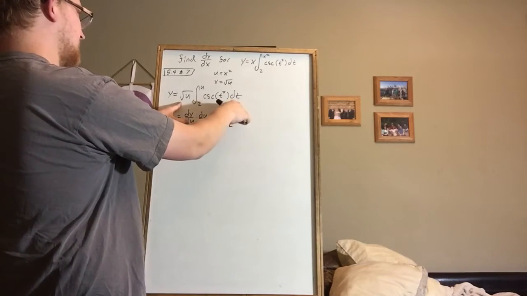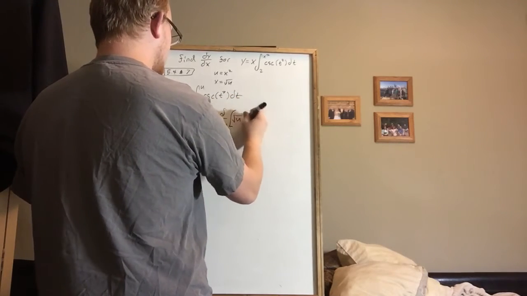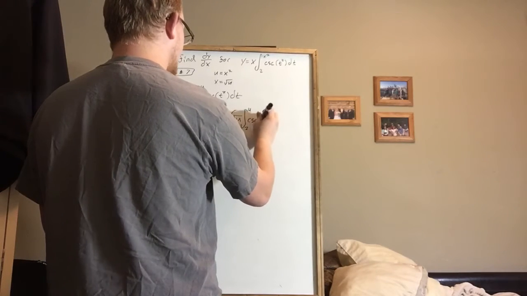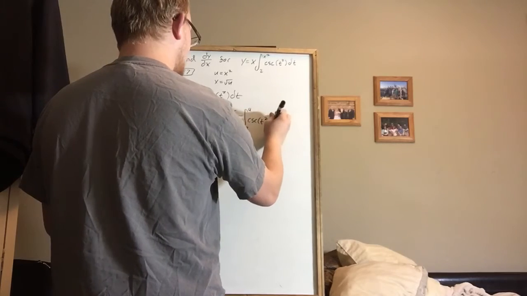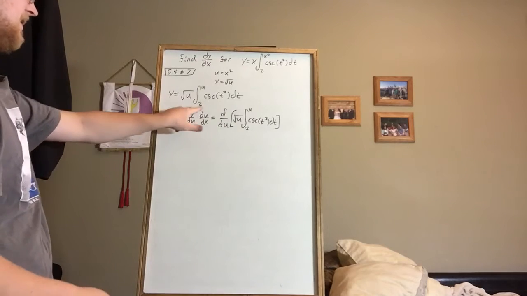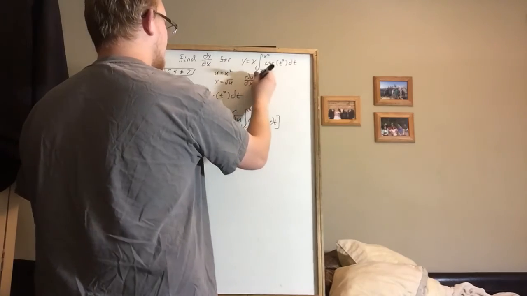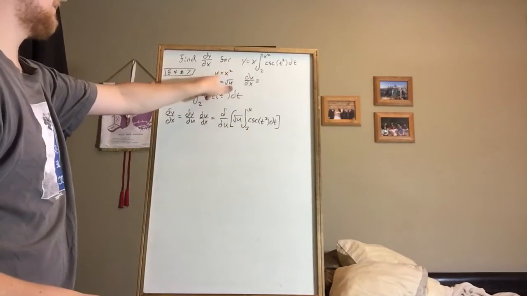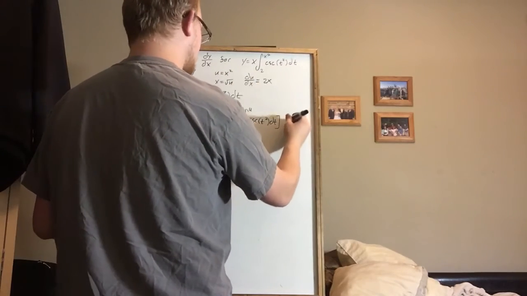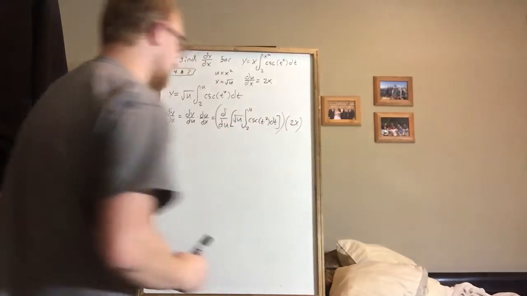And du/dx, the derivative of u with respect to x, is 2x using the power rule. So we'll just multiply everything in here by 2x once we're finished.